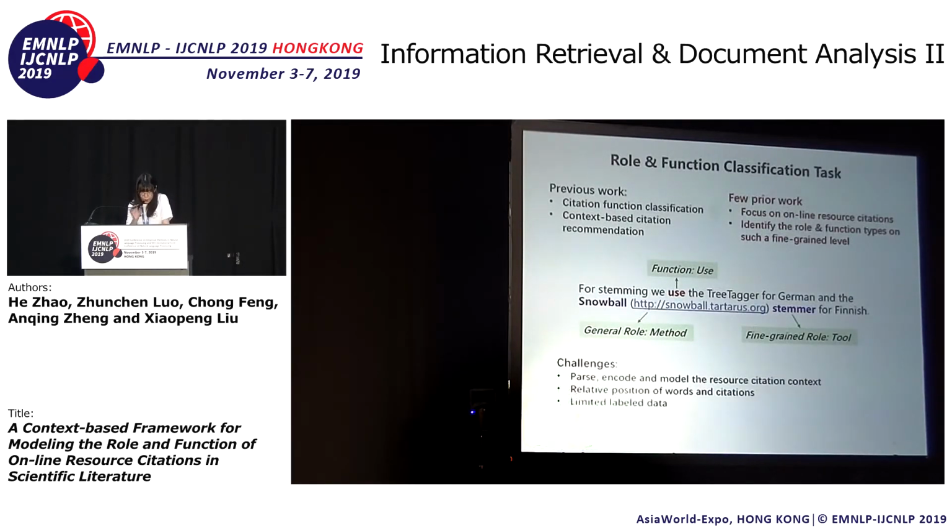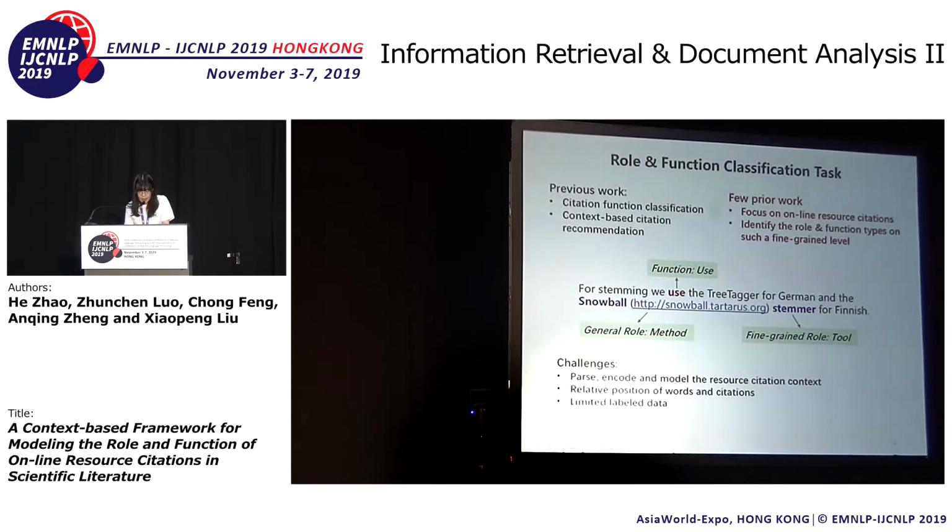Then we describe our role and function classification task. Most previous work has well studied tasks like citation function classification and context-based citation recommendation, while few previous works have focused on online resource citations, and they have not identified the role and function types on such a fine-grained level.